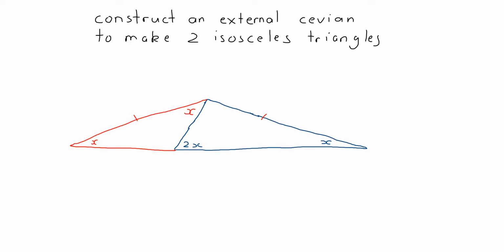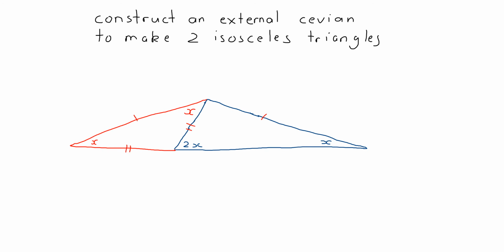So x is here, but now look at this. This is x and this is x, so we know that this triangle here is also isosceles, and we get 2 isosceles triangles for the price of 1.